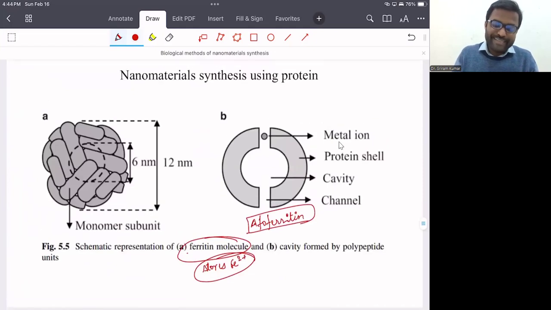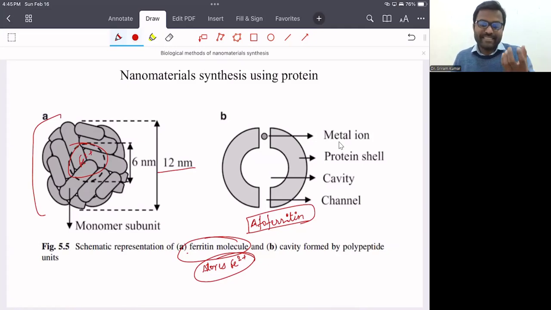So if you want to understand the structure of this ferritin protein, the outer size of that protein is 12 nanometer, and inside this protein, in that cavity there is the iron. So if you take out that iron from that cavity, what happens?